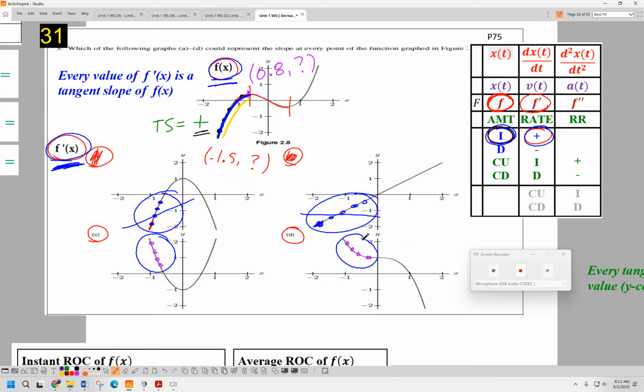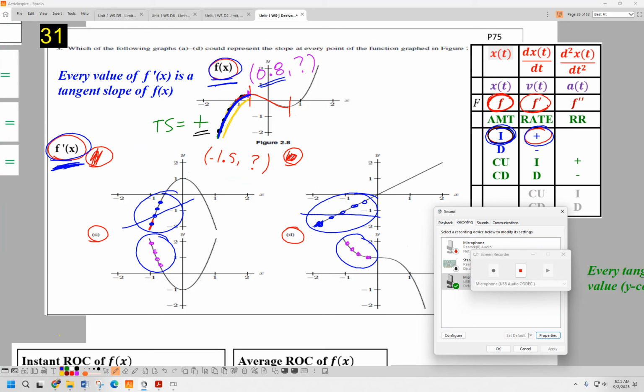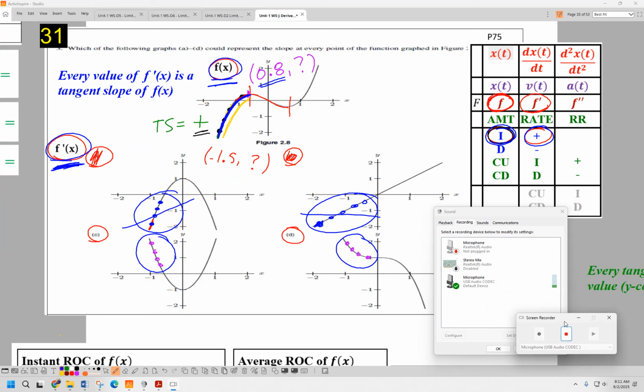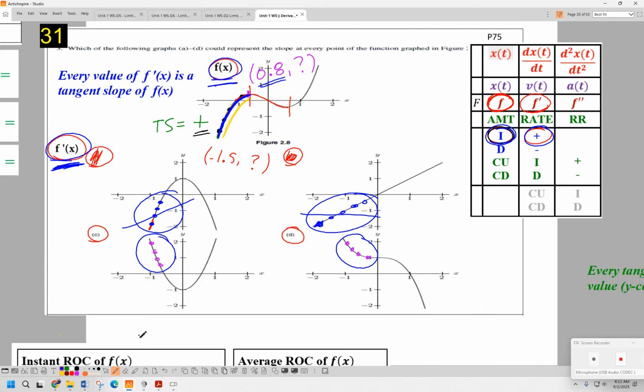But at about x equals 0.8, that's when F starts to go down. When F is going down or decreasing, that would mean F prime's values must be negative.